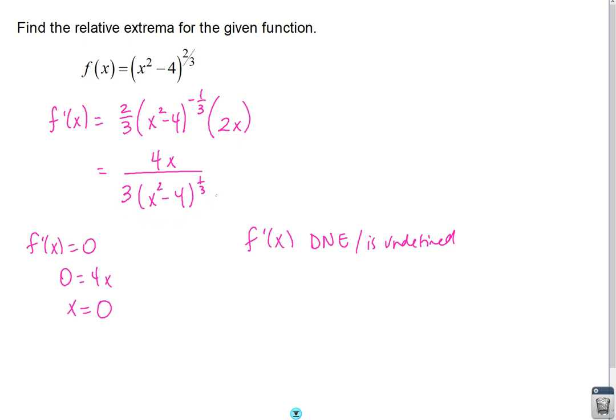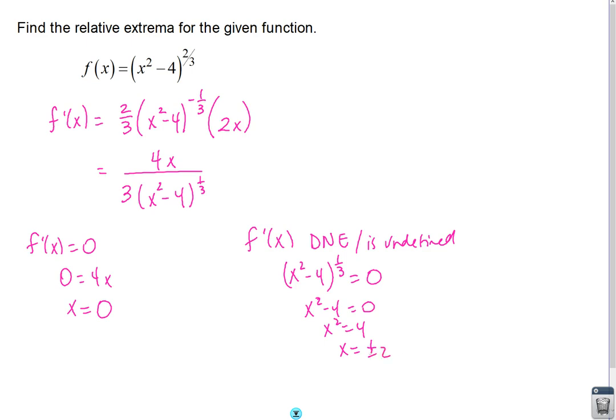Whenever my denominator is equal to 0, that's when my entire derivative function would not exist. So I just need to look at where (x squared minus 4) to the 1/3 is equal to 0. Well, you cube both sides, you still get x squared minus 4 equals 0. That's going to be x squared is 4, so x is equal to plus and minus 2.